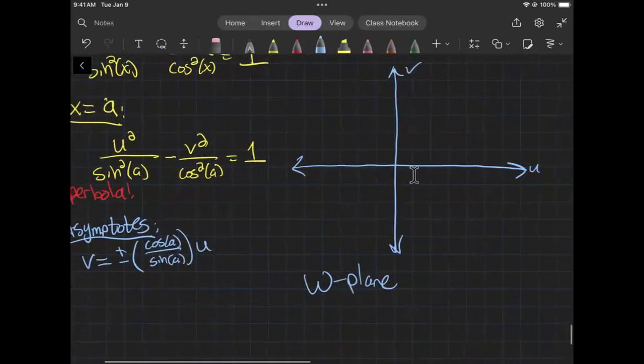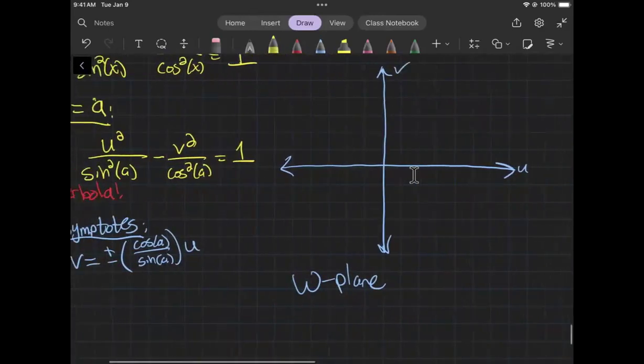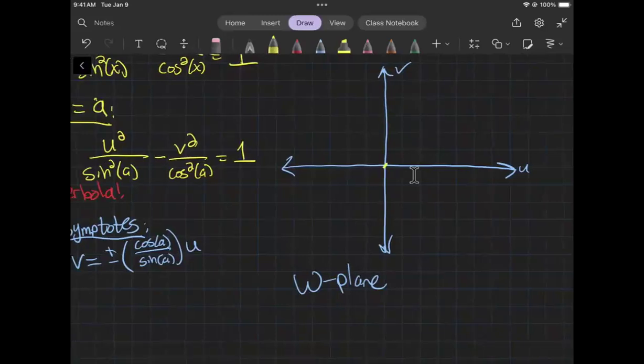So rise over run, that's how you figure out the slope. Then we're at the center, and we move sine A in the u direction and cosine A in the v direction.